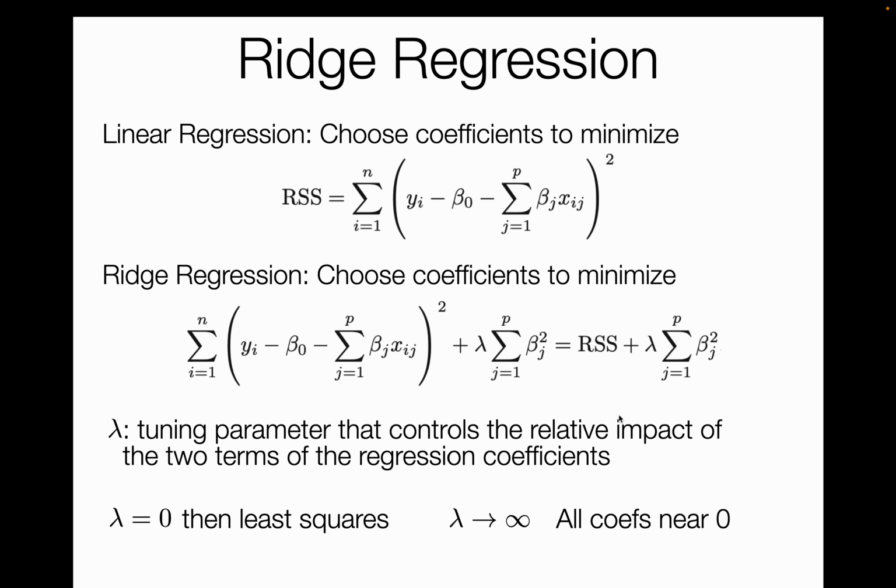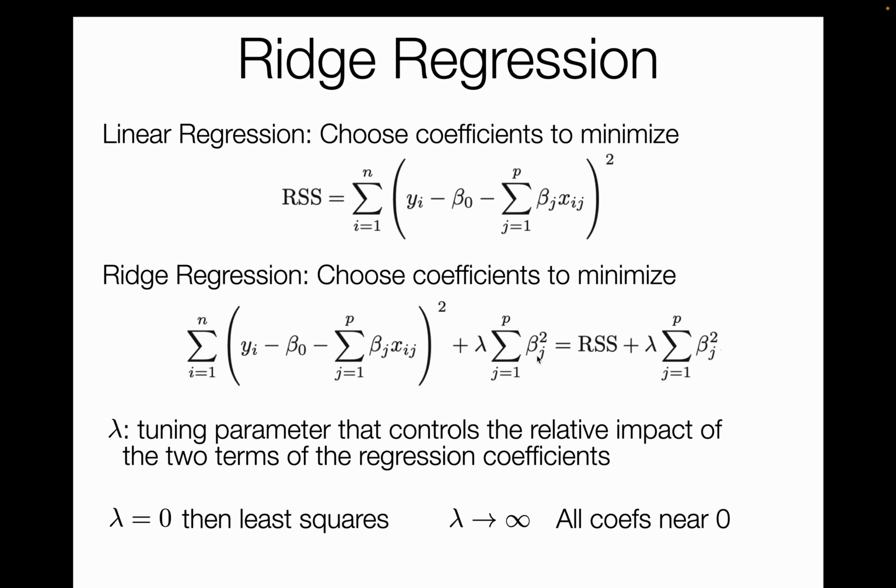I'm going to penalize something. If you look here, the ridge regression coefficients start with the residual sum of squares, and then I add on a term: lambda times the sum of beta sub j squared, where beta sub j are our coefficients.